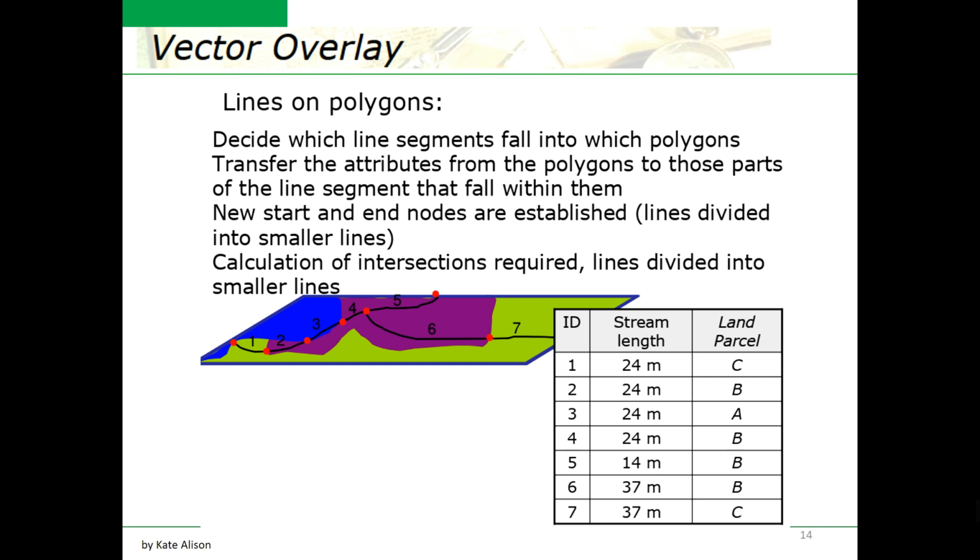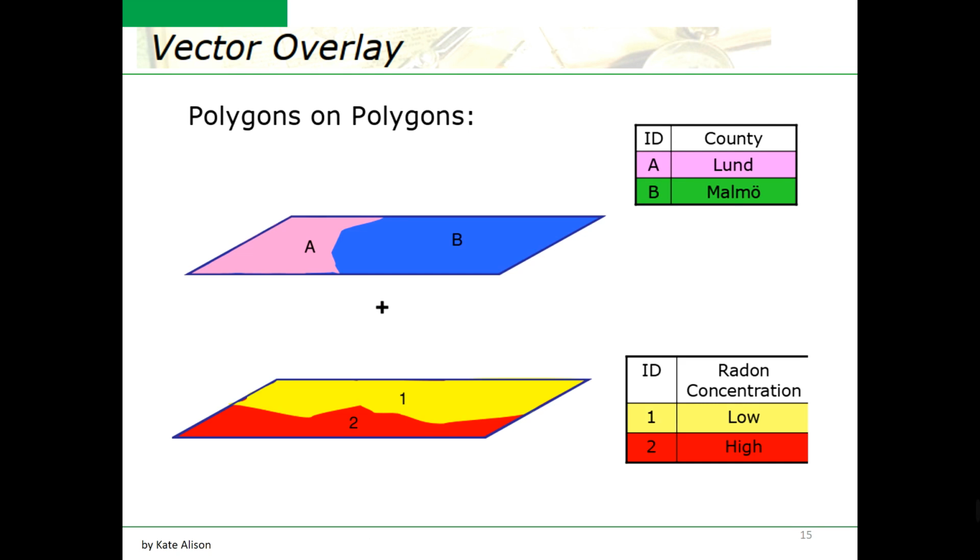And by the way, the output of the line on polygon operation is a line layer, while the output of the point on polygon operation is a point layer. And our last type of vector overlay is polygons on polygons.